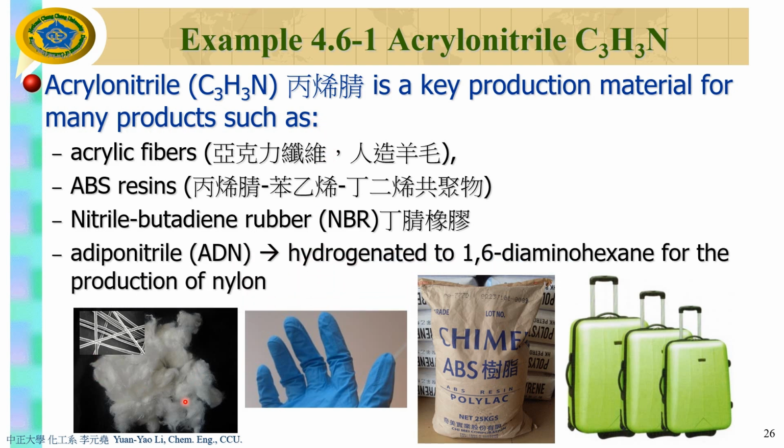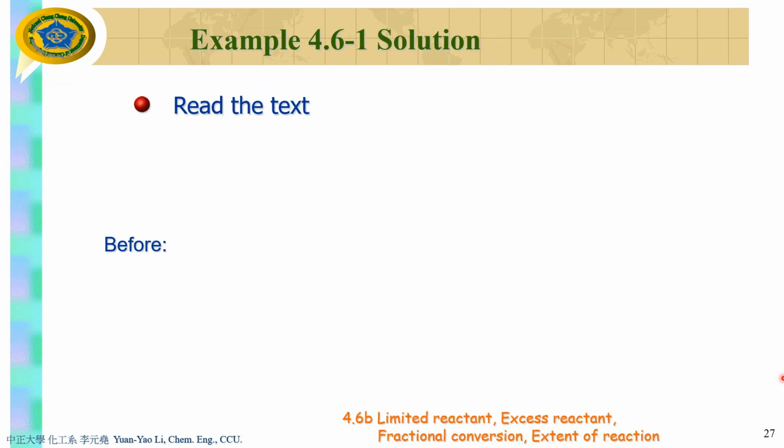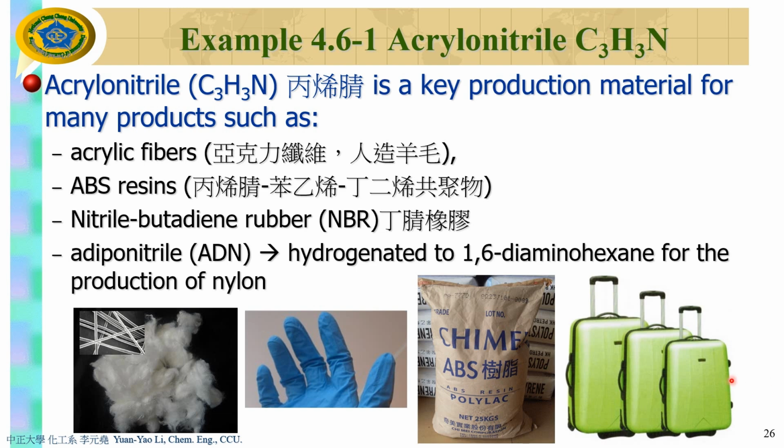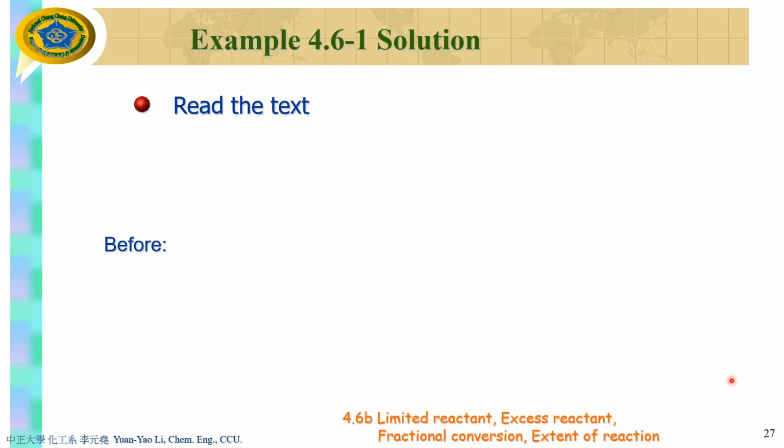You can make fibers and rubbers, and use these to make products like gloves and suitcases. So this is an important and useful chemical. You can learn how to make this when you are in third year, fourth year, or a postgraduate student. But as first years, we just want to know how to do input equals output.